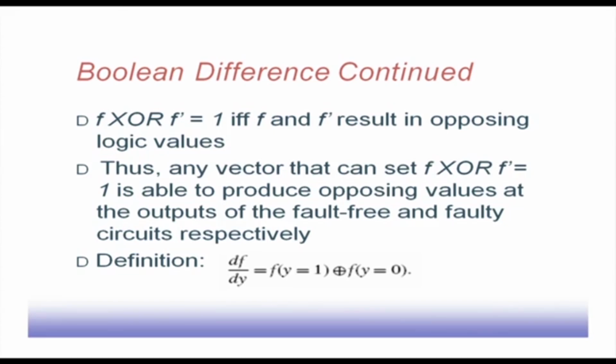So, we define this differential operator df dy equal to f with y equal to 1 XOR f with y equal to 0. This is the definition of df dy. It is the differentiation of function f with respect to variable y. It is equal to the function f with y set to 1 XORed with the function f with y set to 0.